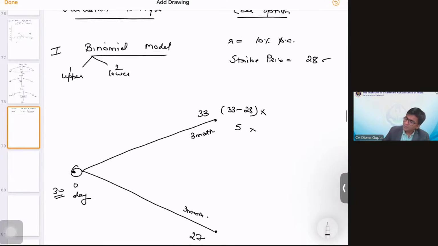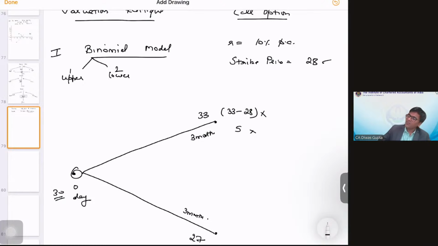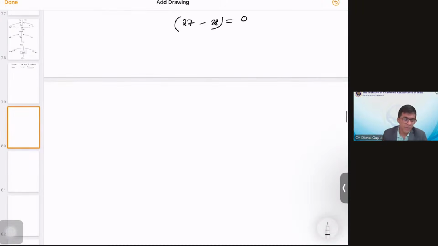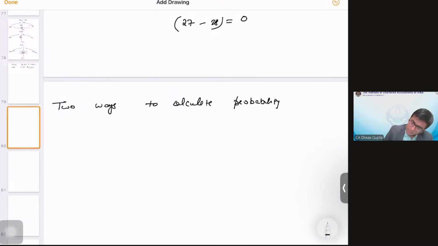One more thing we have to understand here is that since the method says either the price will be higher or lower, there will be a probability attached to the prices being higher or lower. So let's understand this first. There are two ways to calculate probability. The second one is derived from the first one, so whichever way you use, it's fine.